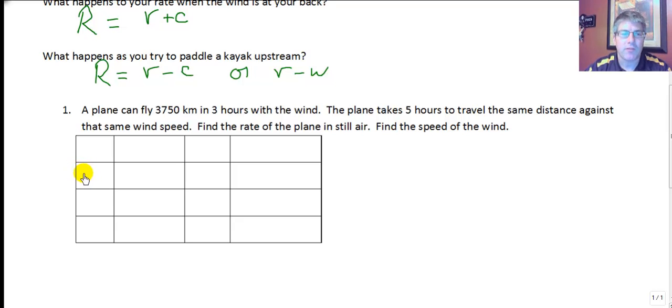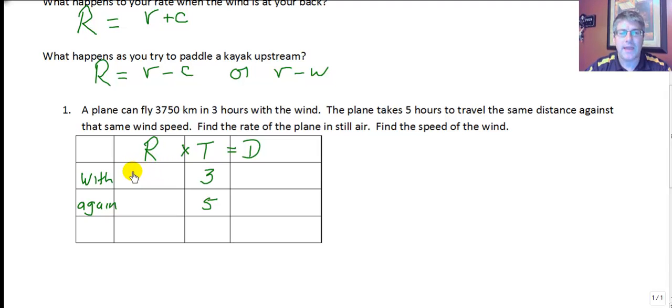we're making this trip, we're flying with the wind. And we know that rate times time equals our distance. So with the wind, it takes 3 hours, and against it takes 5 hours. It takes longer.